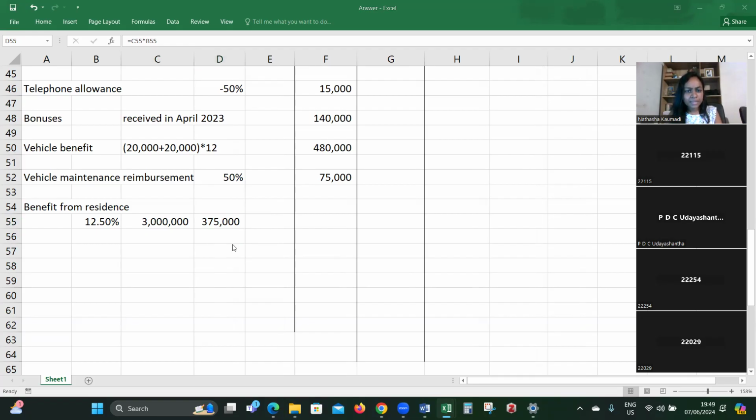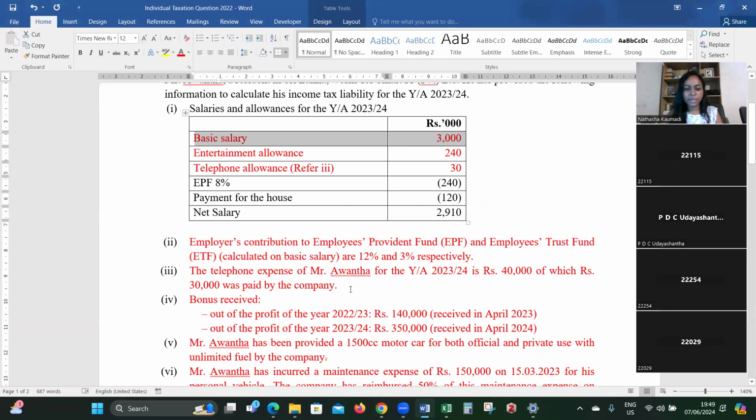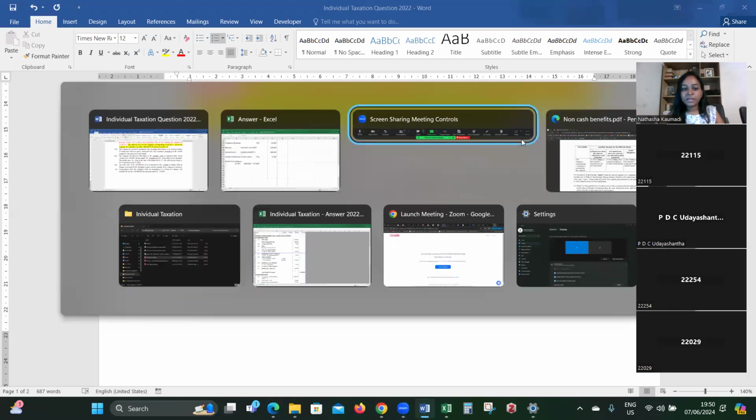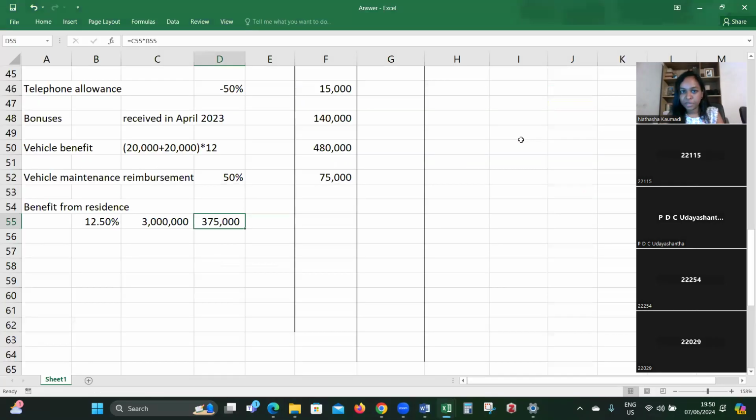But you can't directly take this benefit. Why? It says Avantha is paying 10,000 rupees to the company. Even though he is getting the benefit, he is incurring some amount. He is paying some amount to the company. So the whole 375,000 is not the benefit. He is giving something back, right? Reimbursing. So Avantha is paying how much for the whole year?